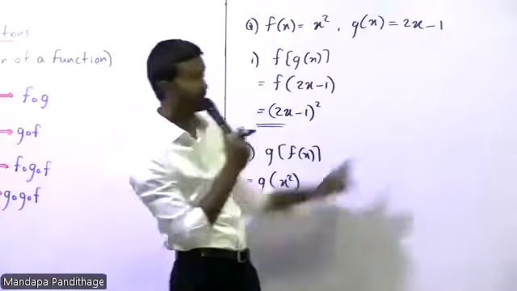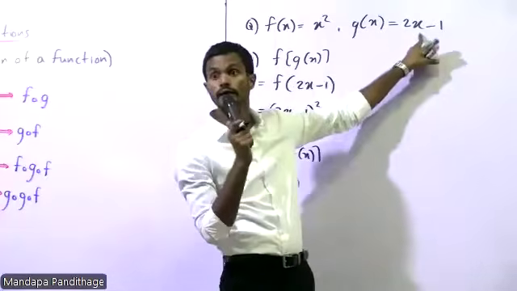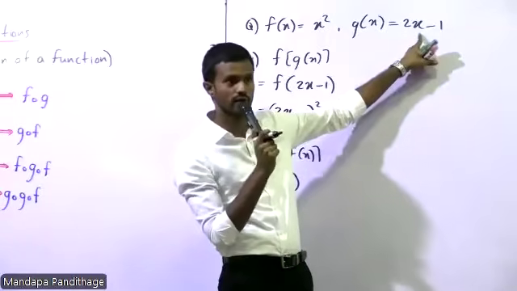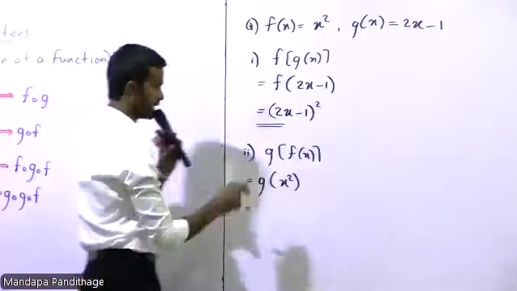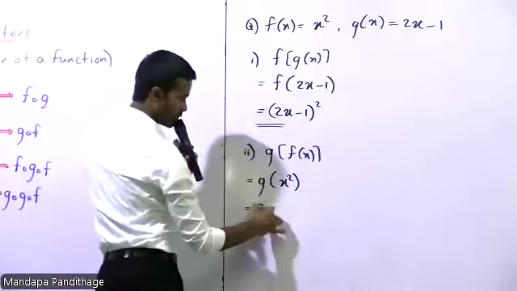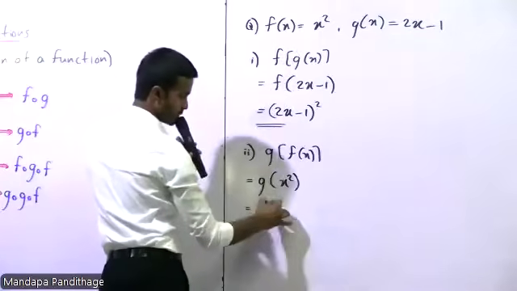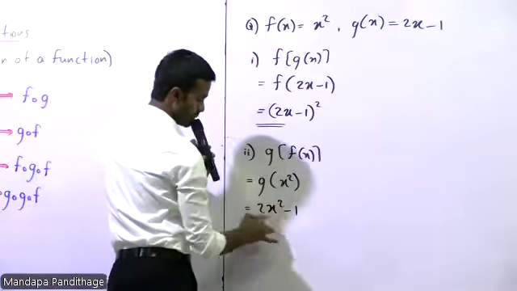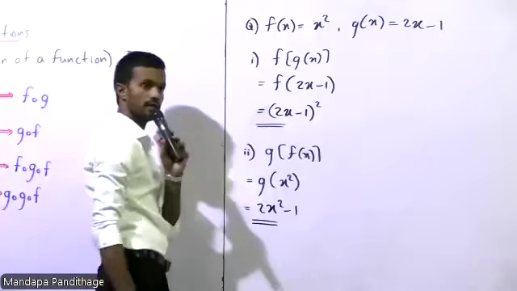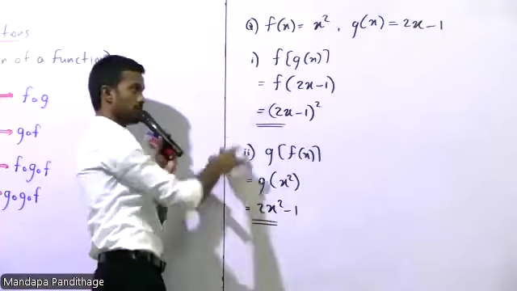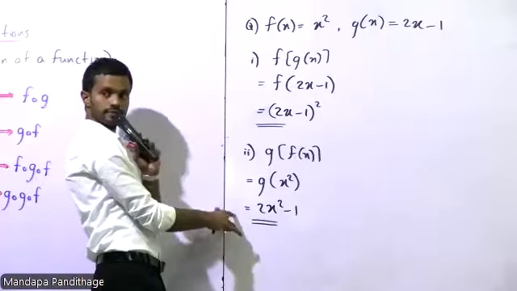What did I tell you? Even this x should be replaced by x squared. So this is equal to 2 times x squared minus 1. Clear? x has been replaced by x squared. Hands up if these two are clear.